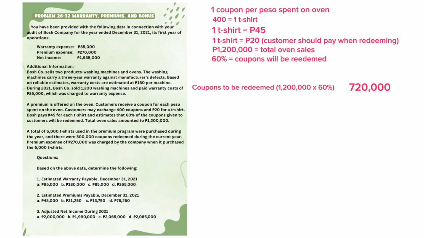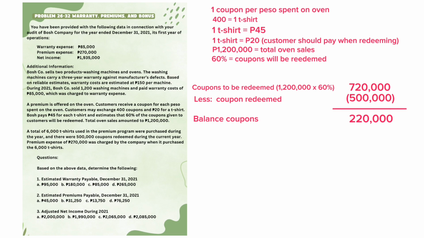So, out of this, it is stated in the problem that 500,000 coupons have already been redeemed. So, we need to subtract that from 720,000 coupons. Then, we get the amount of 220,000 as the new balance of coupons.